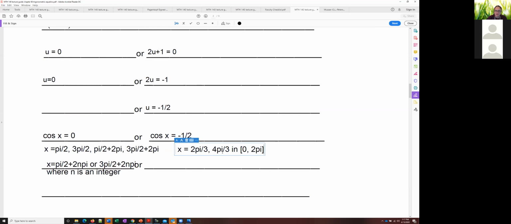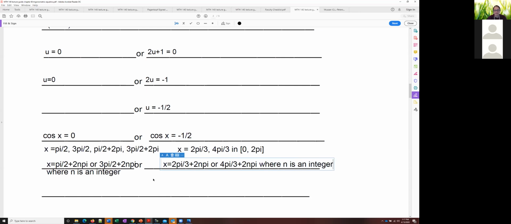But we can also take those answers and add on copies of 2 pi. So we could say x is 2 pi over 3 plus 2n pi, or 4 pi over 3 plus 2n pi, where n is an integer.